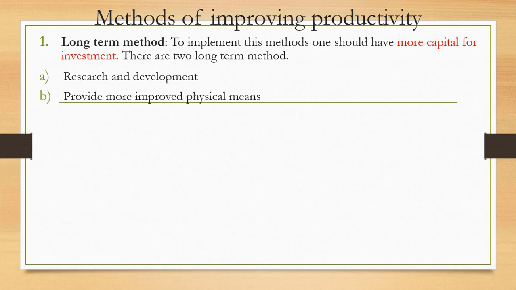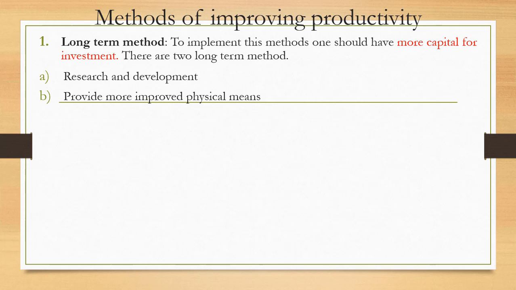Second is to provide more improved physical means. If we can develop our resources by applying new and advanced technology, then we can also say that productivity can be increased by introducing advanced technology. We can take one example.